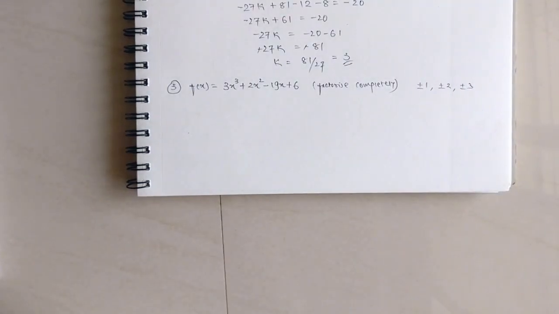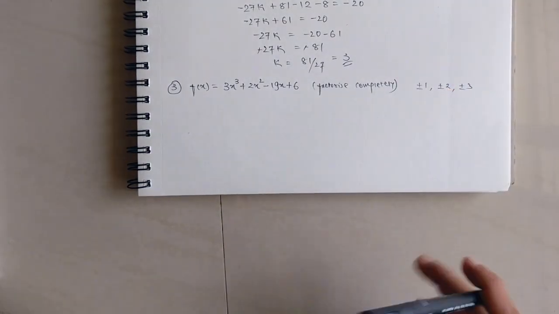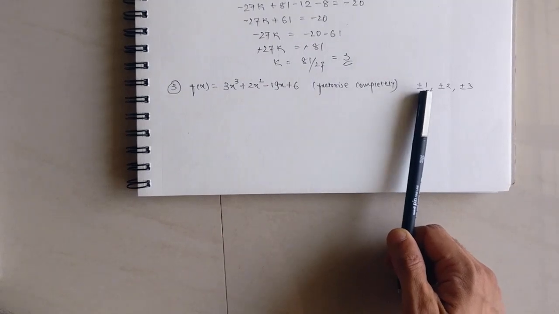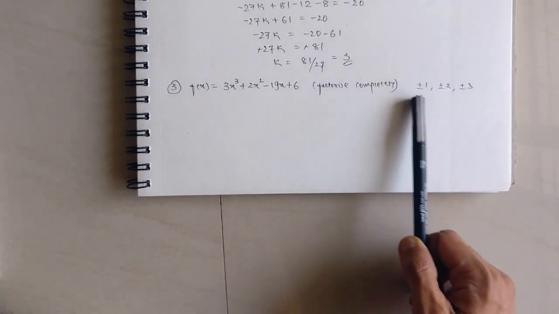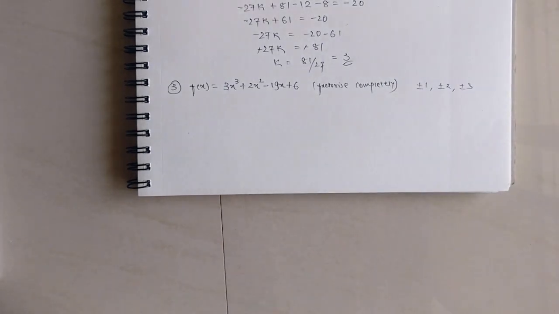Out of these 6 values, plus 1, minus 1, plus 2, minus 2, plus 3, minus 3, at least one value will give you an answer 0. When you put that value in this equation, you will get the answer 0.